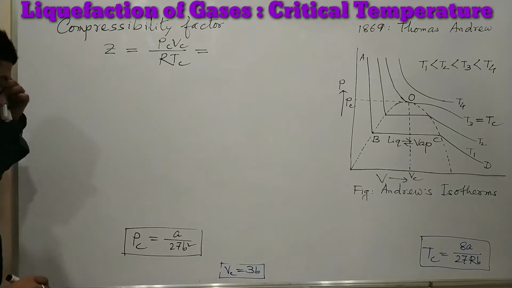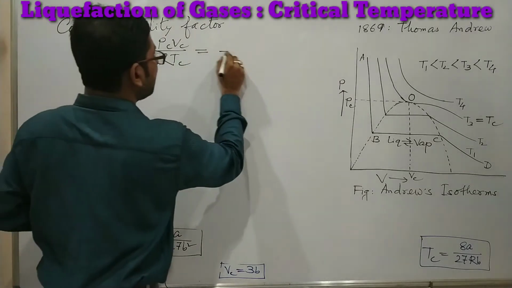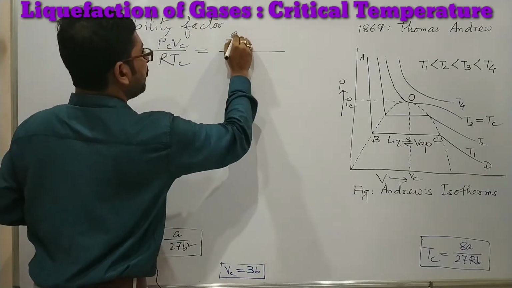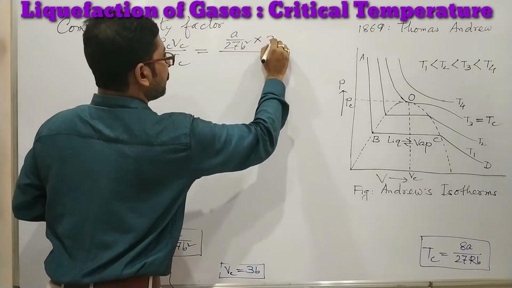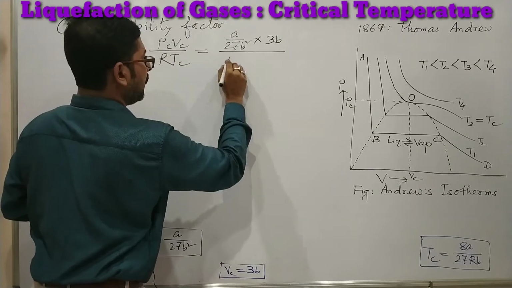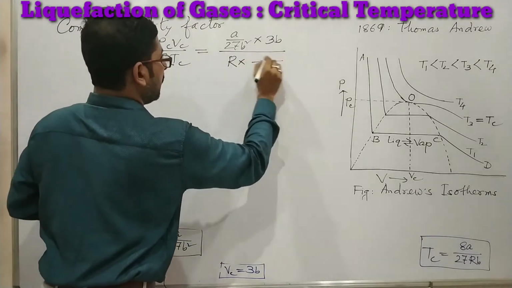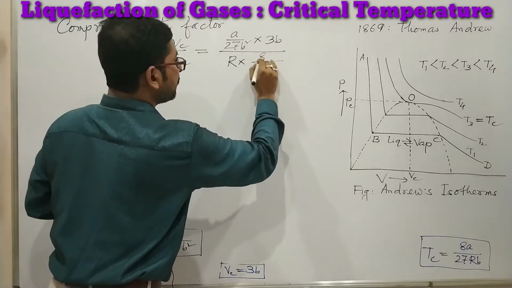This gives us, by substituting the value of Pc, A by 27B square, Vc is 3B, R into Tc is 8A by 27RB.